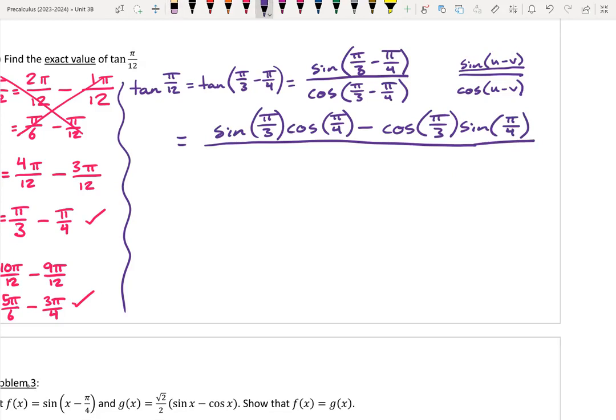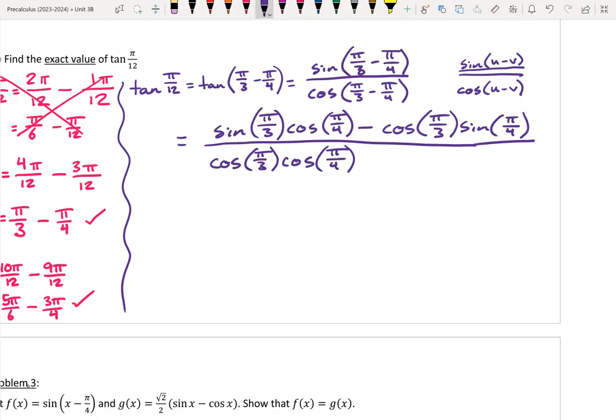All right, that is sine. Now let's look at the denominator. What is cosine of u minus v? Let's see, starting it out would be cosine of u. So that would be cosine of pi over 3 times what? Cosine of pi over 4. And then are we adding or subtracting on the cosine? Adding.